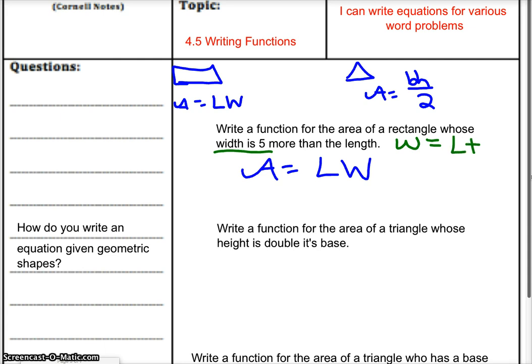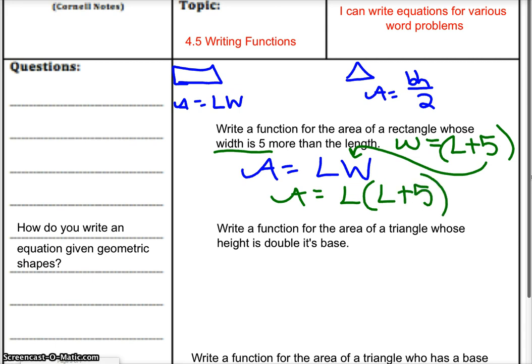The length plus 5. The width is the length plus 5. Now I put this there. So I say the area is equal to length times L plus 5. Leave it like that. That's the answer, because you can't really do anything with that.